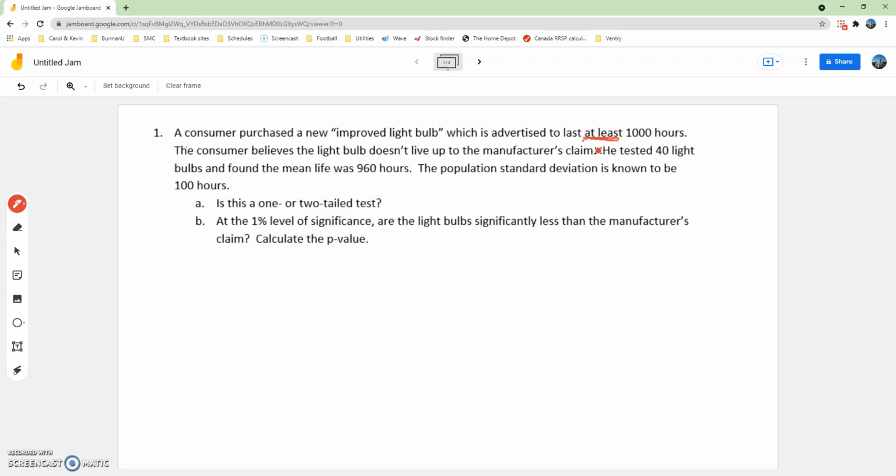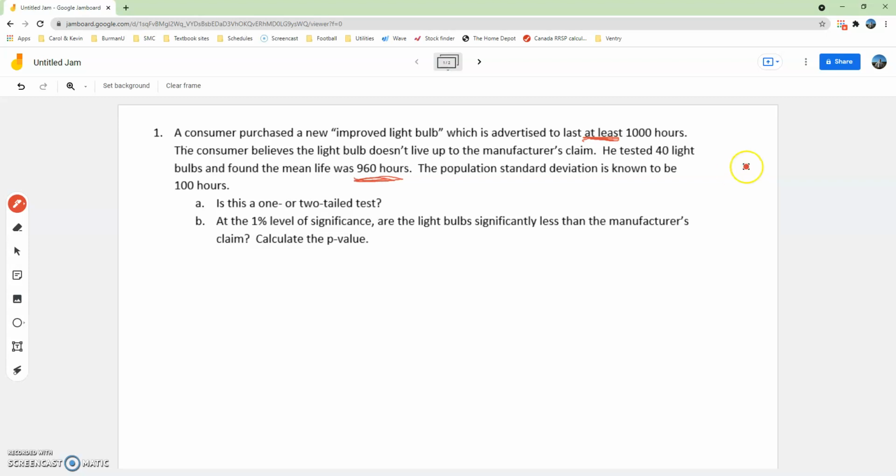We could have tested every single light bulb this company produced, but that would be really expensive, and we would need a lot more equipment and things to plug in for these light bulbs. So we just bought 40 of them. Just because 960 is less than 1,000 doesn't mean that the consumer is correct that it doesn't last 1,000 hours, because is 960 close enough statistically to 1,000?